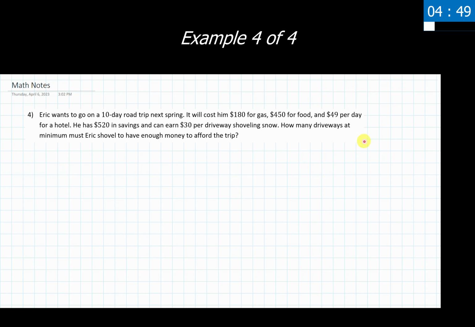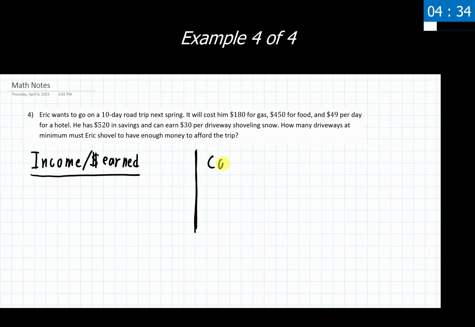So my recommendation is let's set up two columns for ourselves, one representing income and money that we've earned, and the other one representing costs or expenses. Now I'm going to use green underlines to represent income, and I'm going to use red underlines to represent costs and expenses as we go through our paragraph of stuff up here.